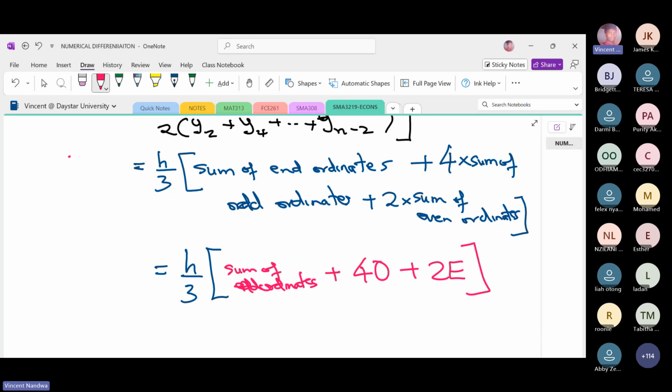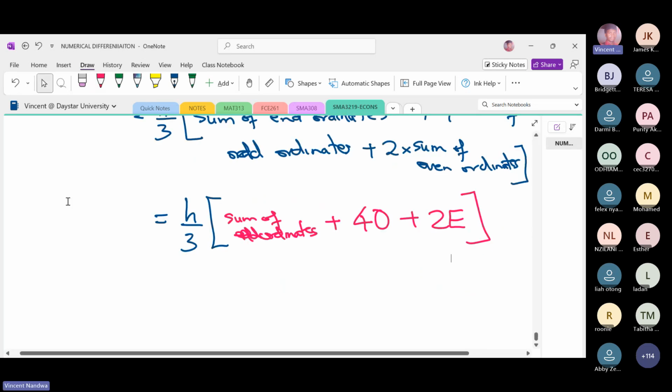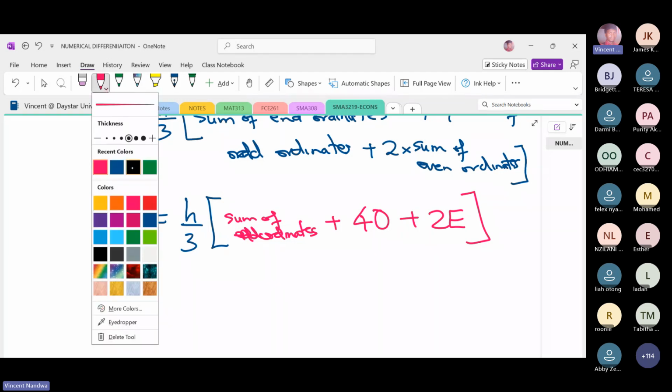But the key thing before you apply that formula, you ensure that your region is divided into an even number of subintervals.